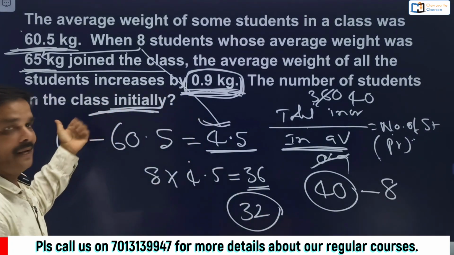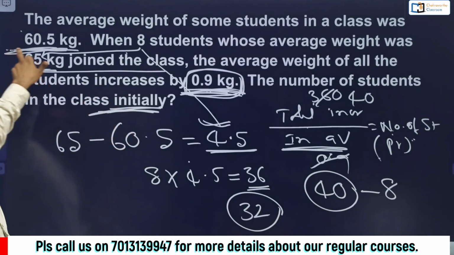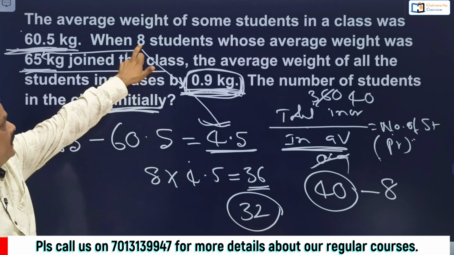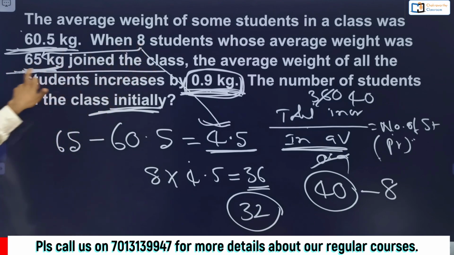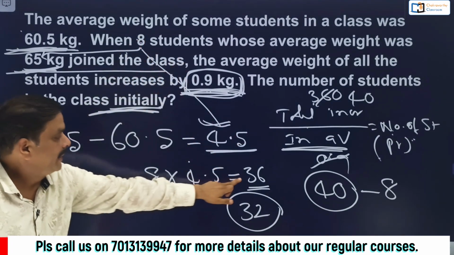In a nutshell, I'll explain again for the beginner students. Very simple. The previous average was this much. Because of these 8 students, the average has increased like this: 4.5 for 8 students. So the total increment is 36.